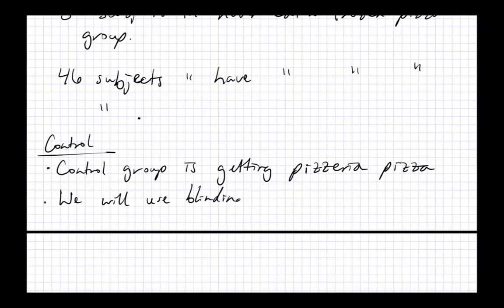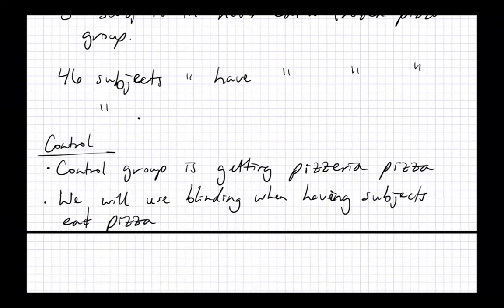We're going to use blinding when having subjects eat pizza. You don't have to be specific because we know what that means. We know blinding means they don't know which pizza they're eating. Okay.